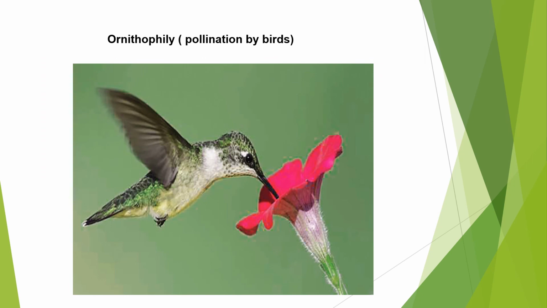In ornithophily, flowers are brightly colored, large, and usually show funnel-shaped corolla. That means tubular corolla, so that the beak of a bird can easily enter the flower for pollination.